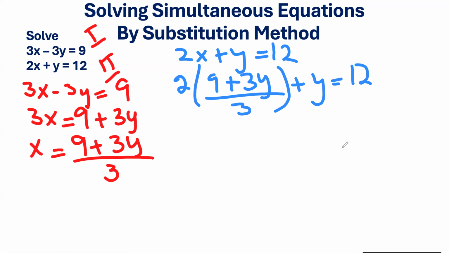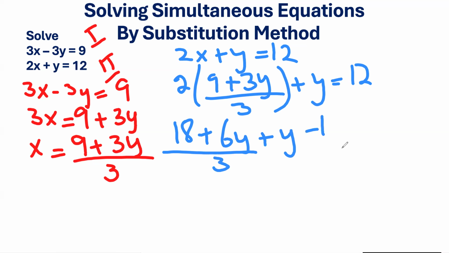Now we need to solve. 2 9s are 18 plus 2 3s are 6y, whole divided by 3, plus y minus 12. 12 will come on this side, so it becomes minus 12 is equal to 0.